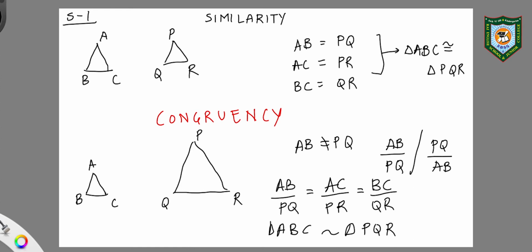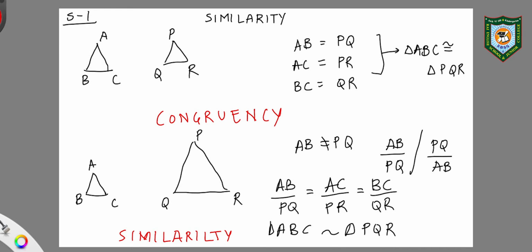So the difference between similarity and congruency is that congruency is related to equal sides and similarity is related to proportions. So we need equal proportions for triangles to be similar.